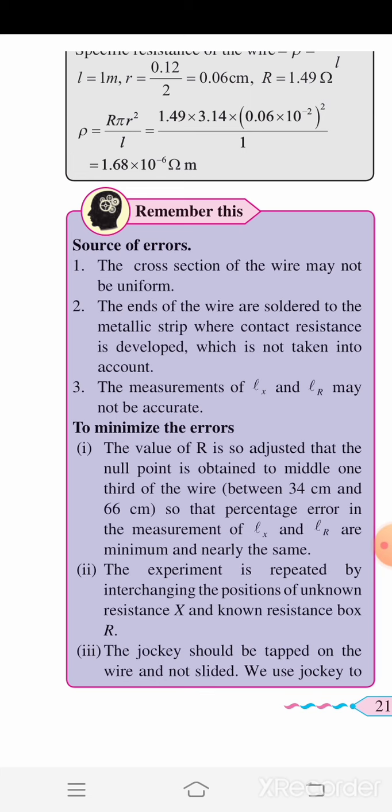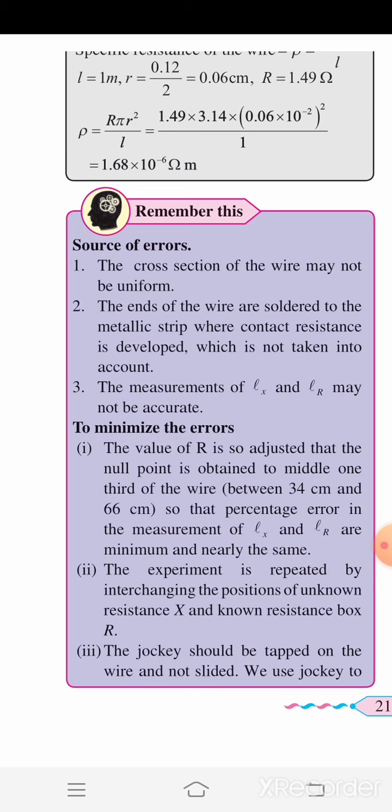That's why Lx plus Lr is not equal to 100, which causes error in the measurement of unknown resistance using the meter bridge. These are some sources which produce error in the measurement of unknown resistance using the meter bridge.